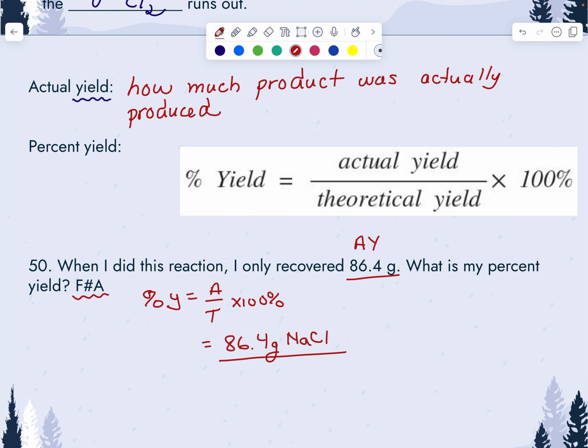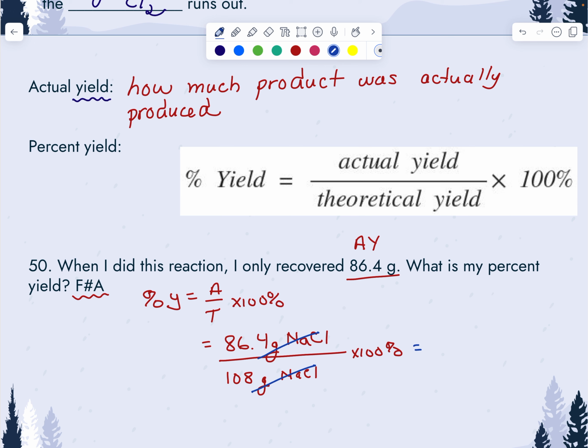Remember, on the previous page, we saw that with using chlorine as our limiting reactant, I should be able to make 108 grams of NaCl. And when I do this division, of course, the units cancel out.